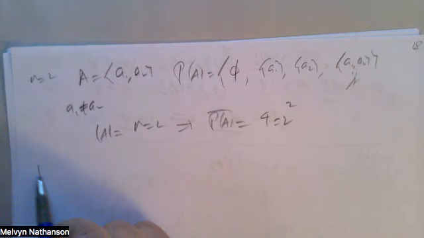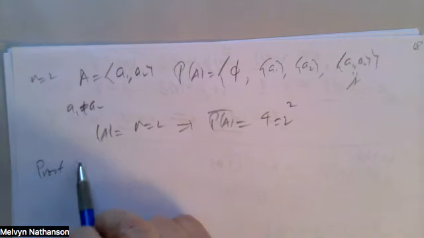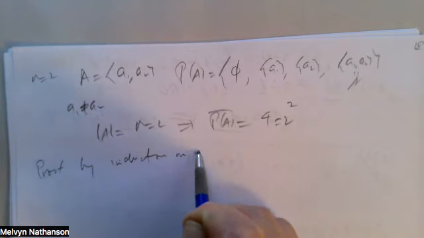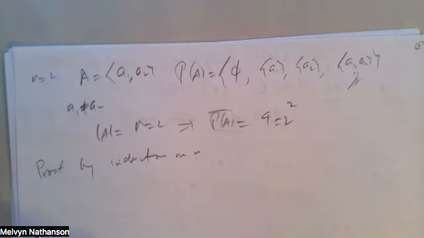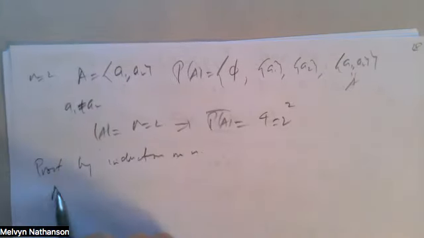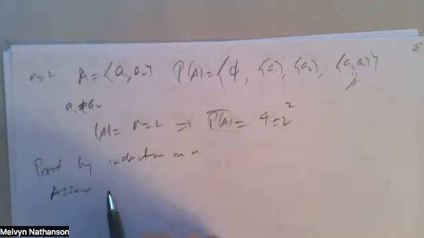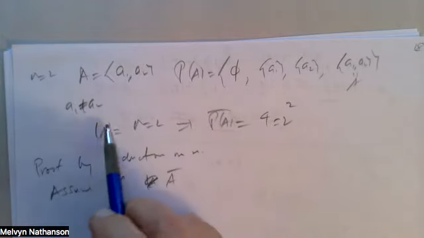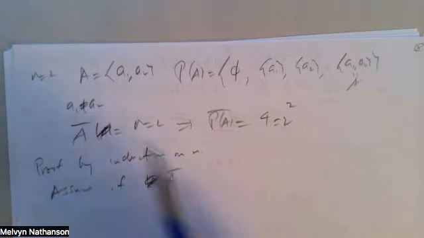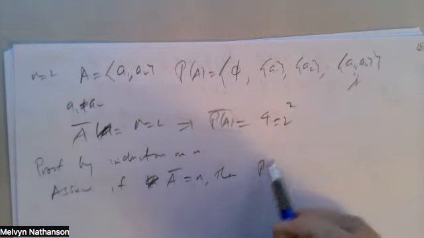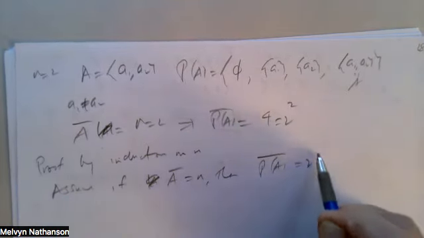And we're going to prove this in general by induction on n. So we know the statement is true for n equals 0, 1, and 2. I just wrote down the cases. So assume that it's true that if the cardinality of A is n, then the cardinality of the power set of A is 2 to the n.